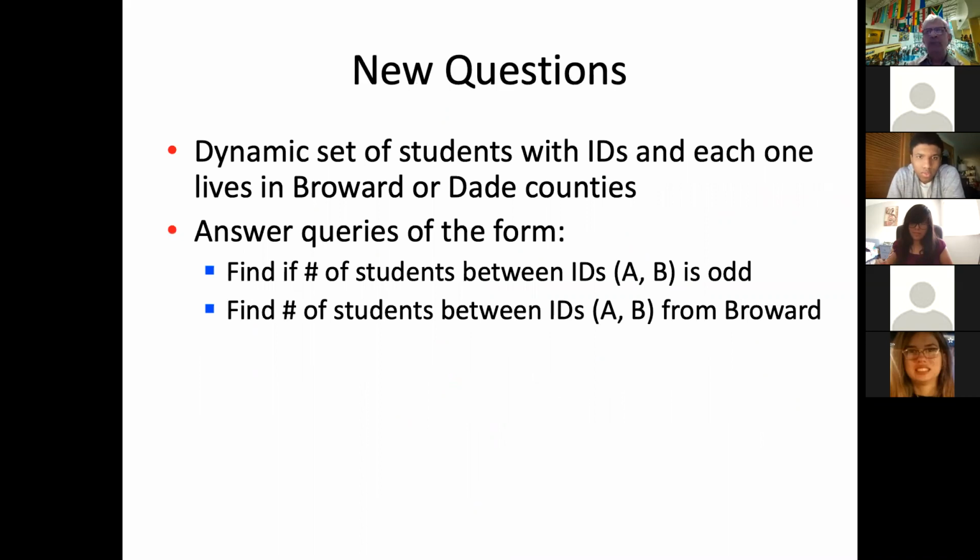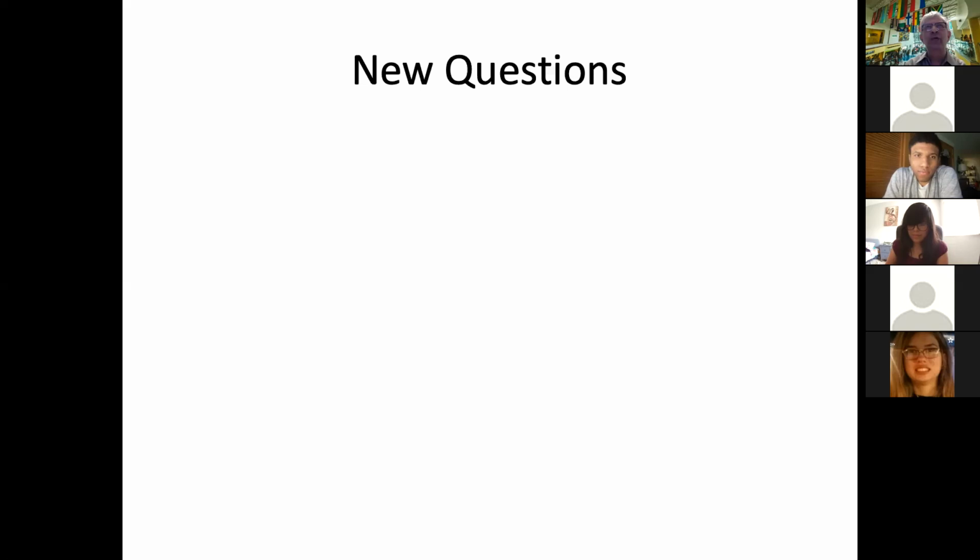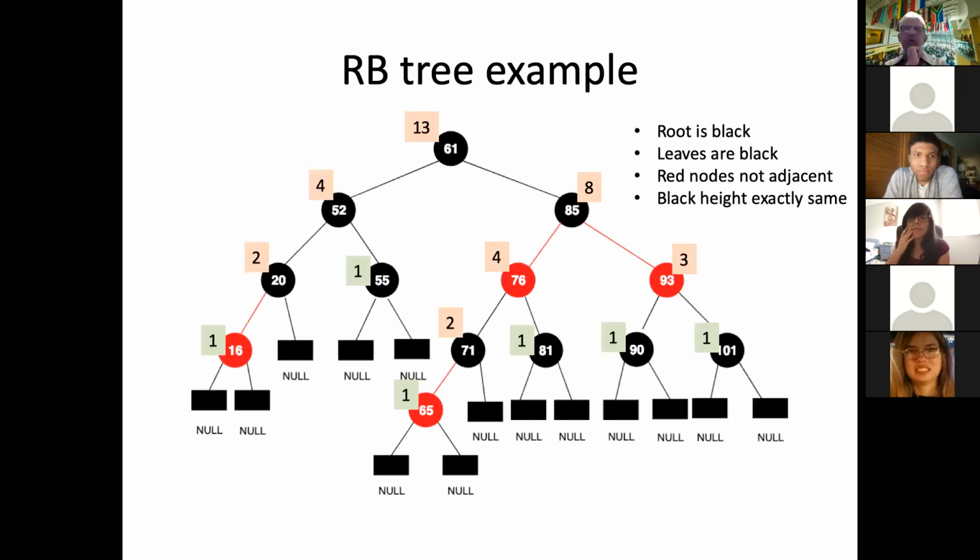Now, counting for Broward is what we just discussed. What if we wanted to figure out how many odd numbers there are? Well, it turns out that's exactly what we used for. How do we do that? We want to know whether the number is even or odd. It won't be useful to store in each node whether that range is even or odd.